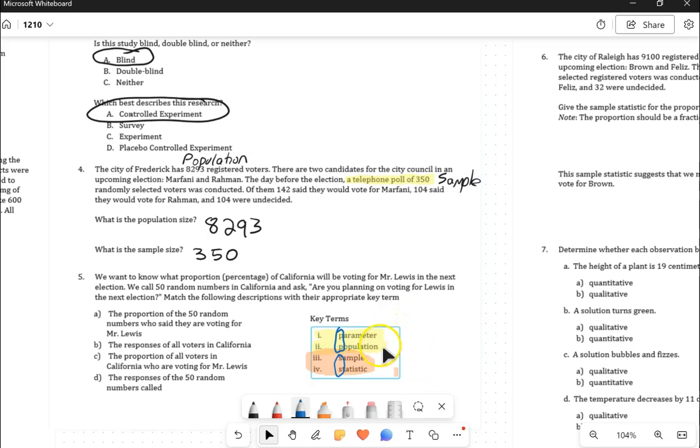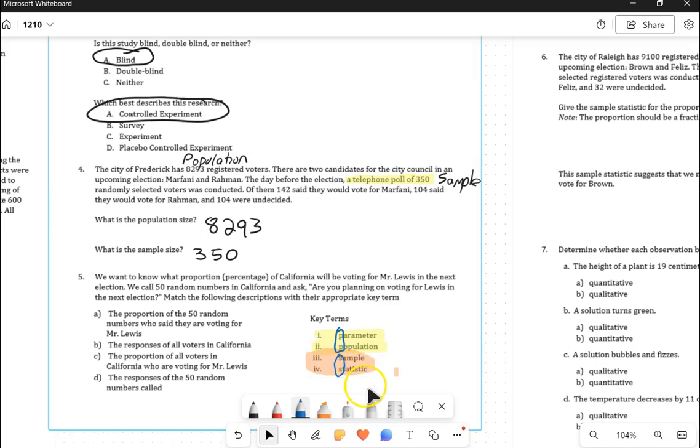So the population and the sample are similar as far as they're groups of objects, and the parameter and statistic are similar because that's what you're studying about those objects. In this case, we are talking about people.